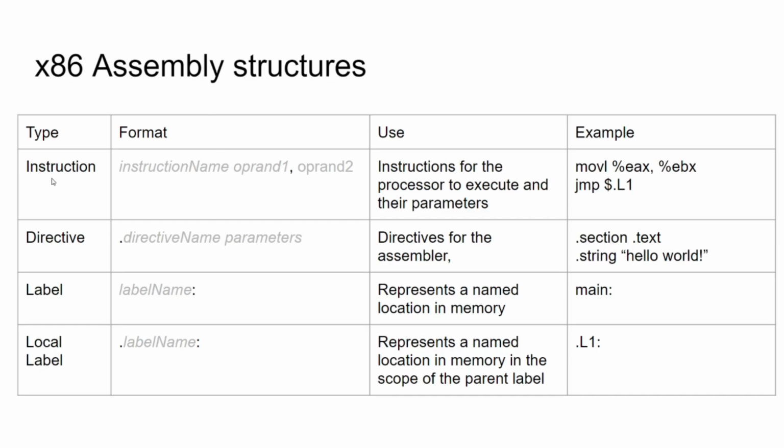First of all, we have instructions, and instructions take the form of an instruction name followed by some operands. This is actually what gets converted into machine code and is run on the processor. Some examples of this are mov and jump, and then their operands afterwards. It can have up to 3 operands.